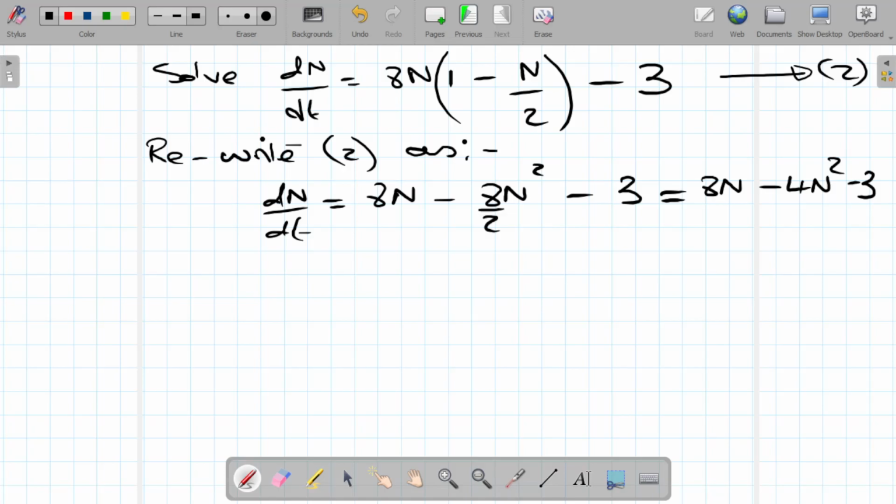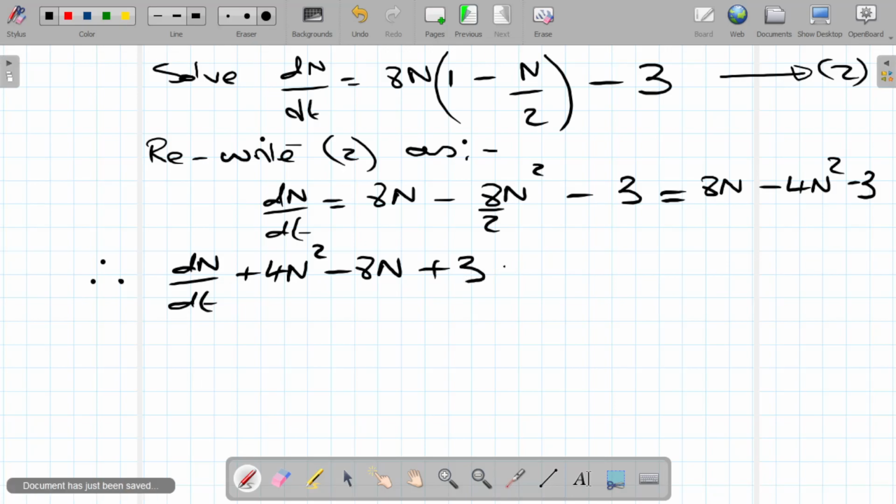Okay, so bring everything onto the left-hand side to get dn by dt. What have we got? We put the 4n squared there. Then we've got the minus 8n and the plus 3. You see what I've done? I brought the minus 4n squared over to the left-hand side, so it becomes plus 4n.